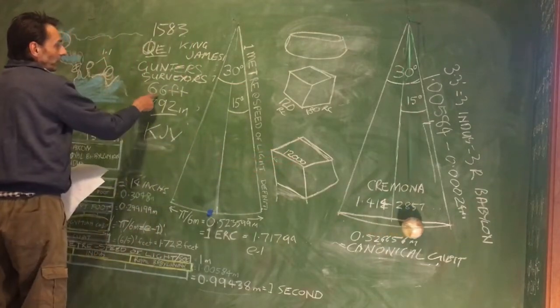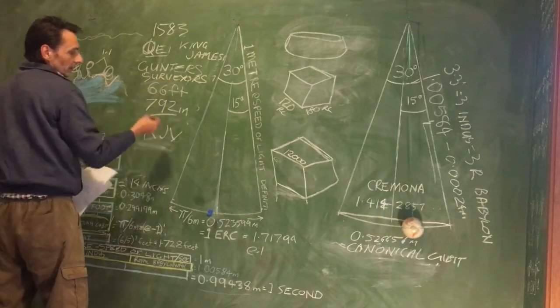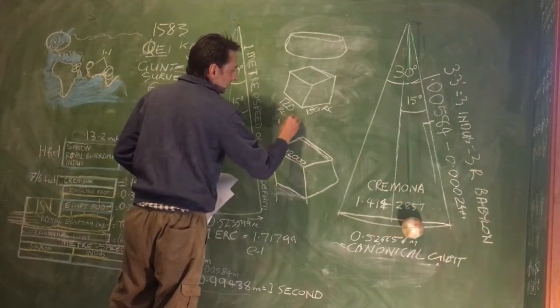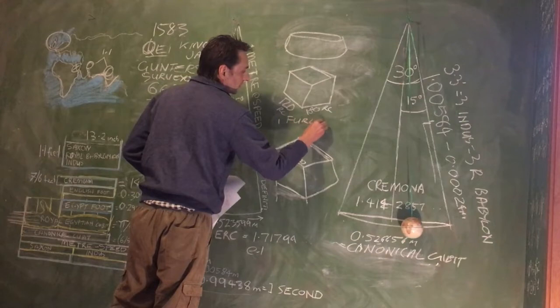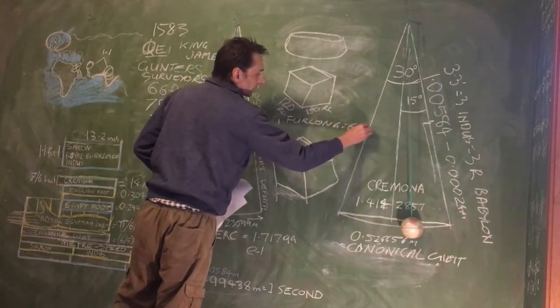We know exactly what a furlong is. It's 10 chains. So 1 furlong is 660 feet, or 10 Gunter's chain. 660 feet.